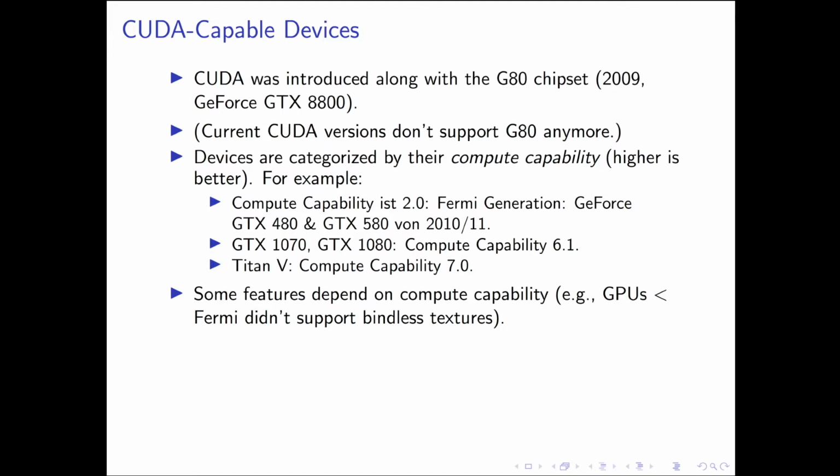This mechanism is similar to the extension mechanism of OpenGL, only that CUDA is not an API developed by a consortium, but an API developed by a single vendor. So the mechanism of determining which GPU supports which features, and whether those features can be accessed via the API, is much simpler than the extension mechanism provided by OpenGL.